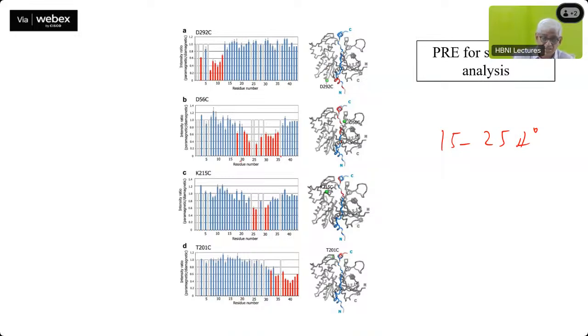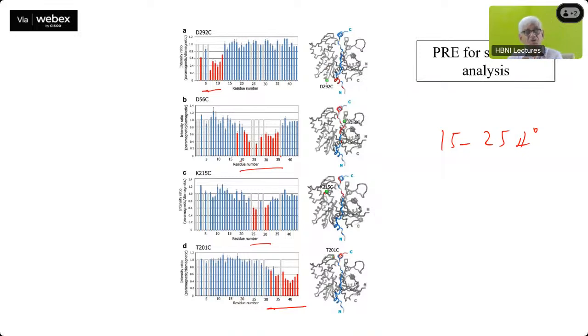If you put it at D56C here, then these residues are affected. If you put it here at 215, then these residues are affected. The red indicates where the effect is maximally seen. And if you put it at 201C, that is here, then these residues are affected.